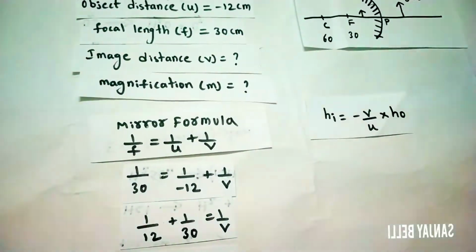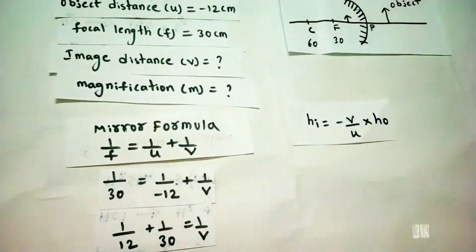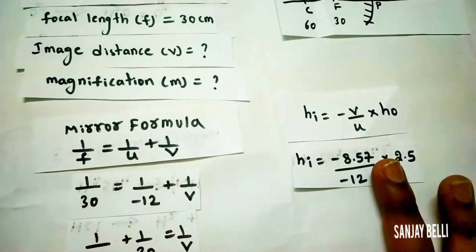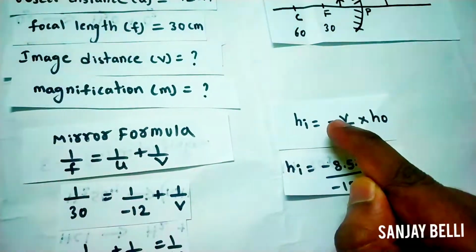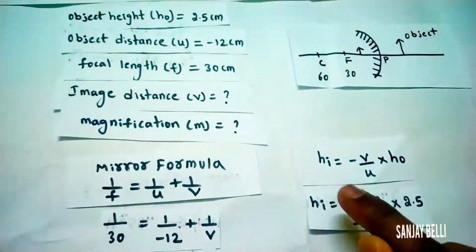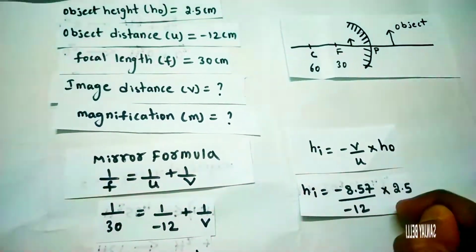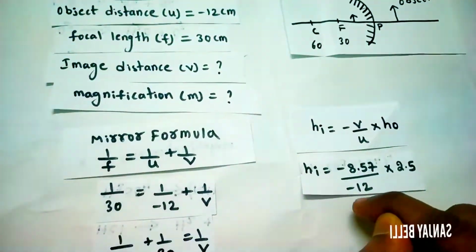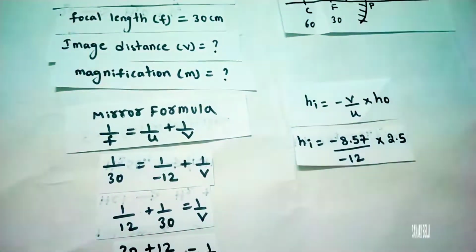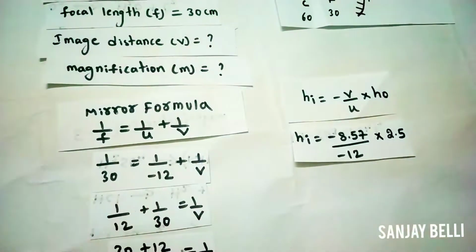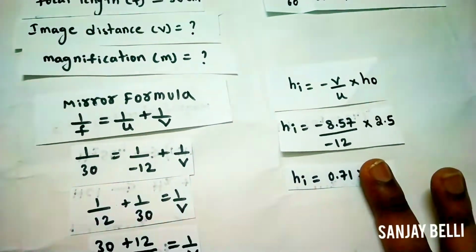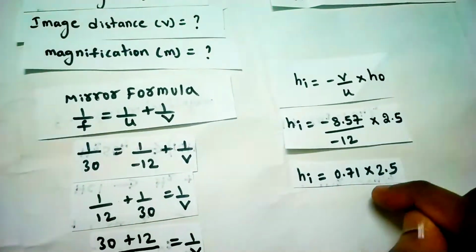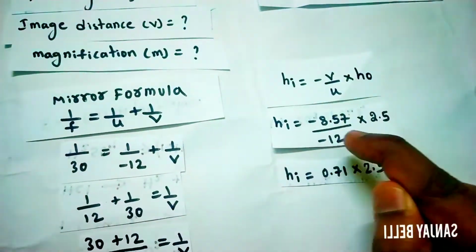Now you see you got your V value and you have your U and H naught. Substitute in the formula. V is nothing but 8.57. Already in the formula we have a minus, and U is nothing but minus 12 and H naught is 2.5. So this minus gets cancelled, and 8.57 by 12. If you go for the cancellation, you will get 0.71 into 2.5, minus into minus is plus.